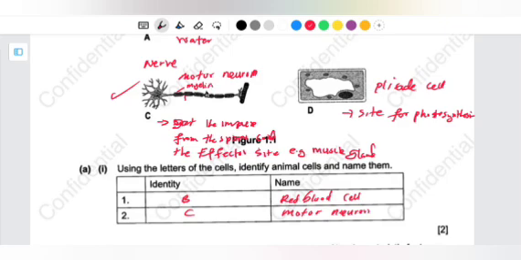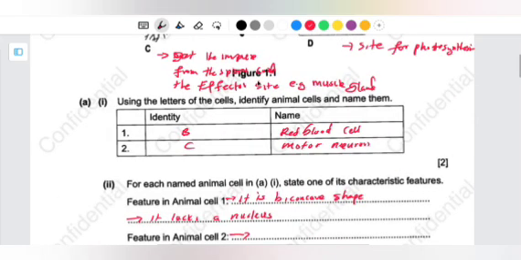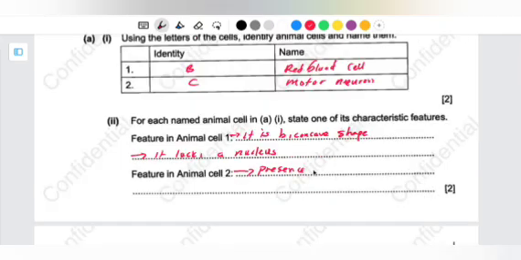In terms of the function of the myelin sheath, it accelerates the impulse. So you can write here: presence of myelin sheath.